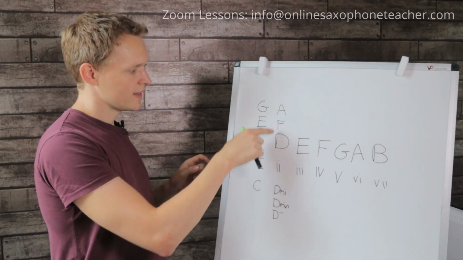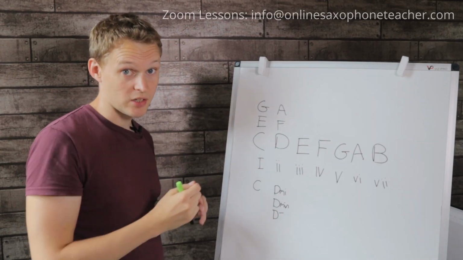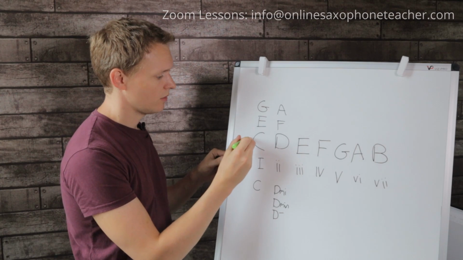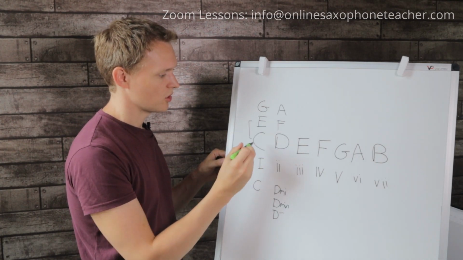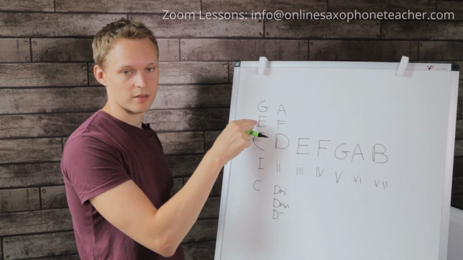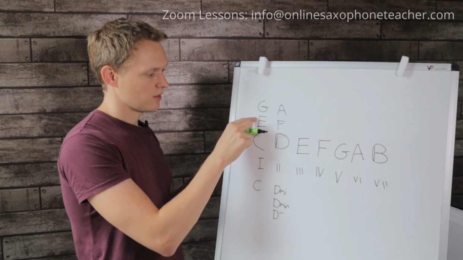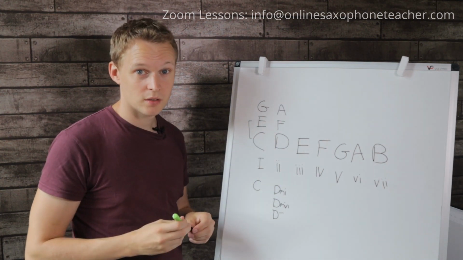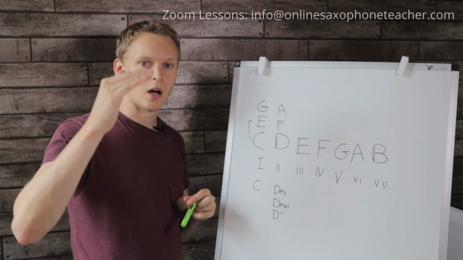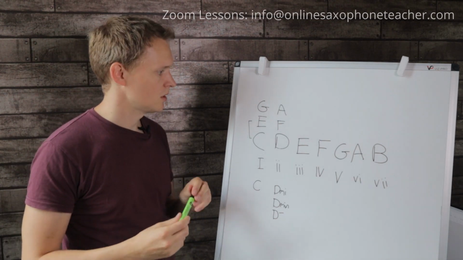Now, why is this one minor and why is this one major? It's to do with the internal structure of the chord, the distance from this note to this note. This distance is called a major third, and all that means is we've moved up 4 half steps.